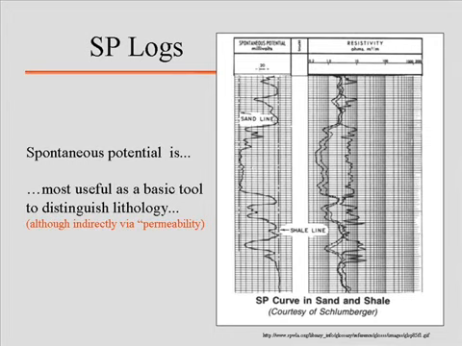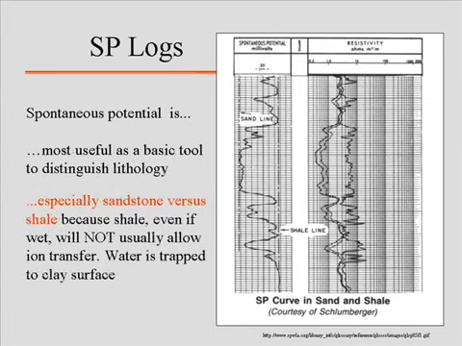I should also point out here that this is measuring the potential for a current to go through the formation. It's dependent upon porosity, permeability, and the ability for ions to actually travel from the well into the formation. You should be realizing that shales often contain an awful lot of water, but the problem with shales is that the water is bound between the plates of the clay minerals.